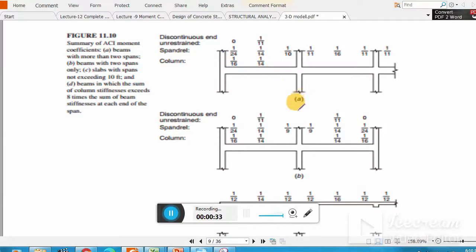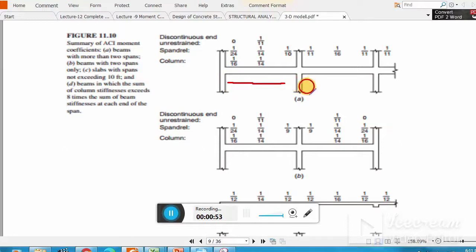Now you see in this diagram, I taken this diagram from Nelson, 10th edition. Now the first coefficients are basically for what condition? The discontinuous, and remember we have only two spans here.